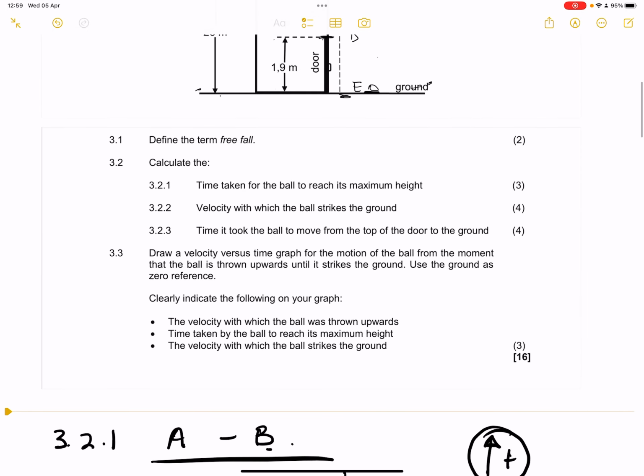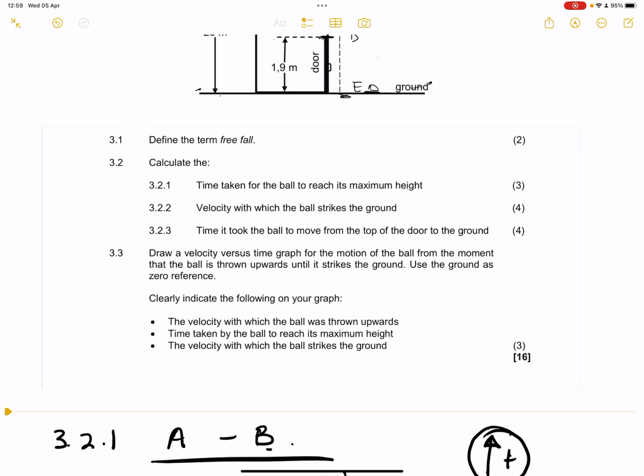Now let's look at the last question. They say to us, draw a velocity versus time graph for the motion of the ball from the moment that the ball is thrown upwards until it strikes the ground. Use the ground as zero reference, right?